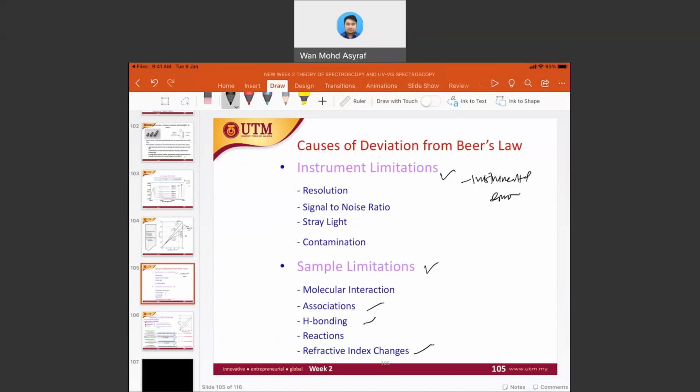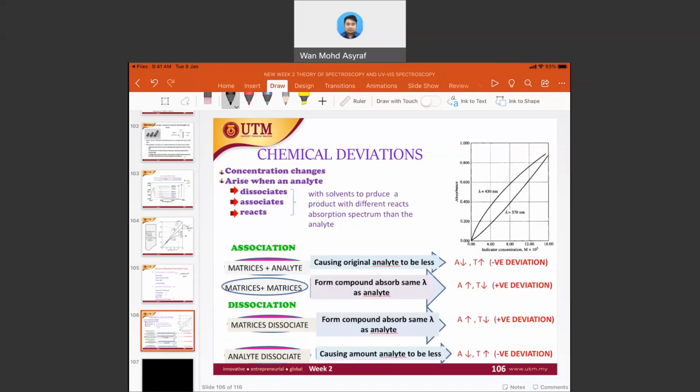The third part is the chemical deviations. When we look at chemical deviations, it is changes in concentrations. For example, you have standards where you prepare only 100 milligram per liter, which is 100 ppm.